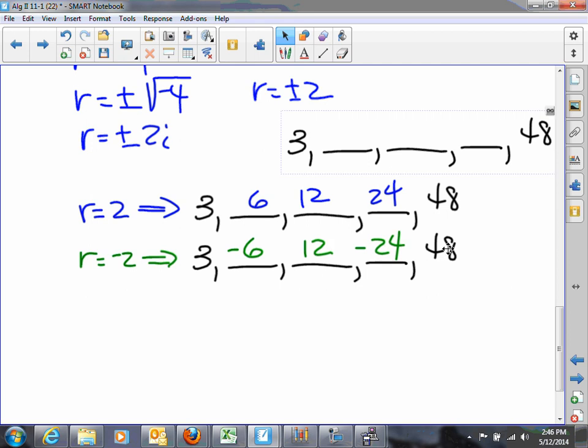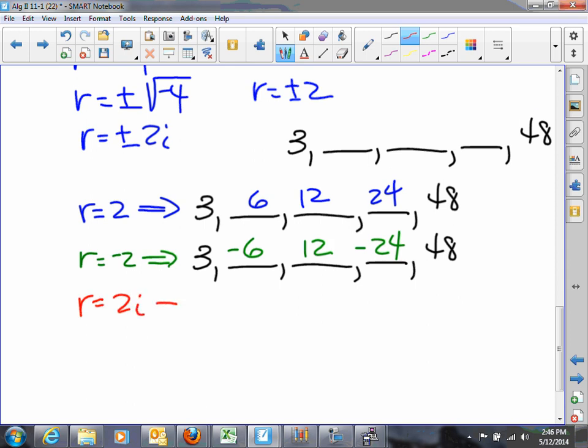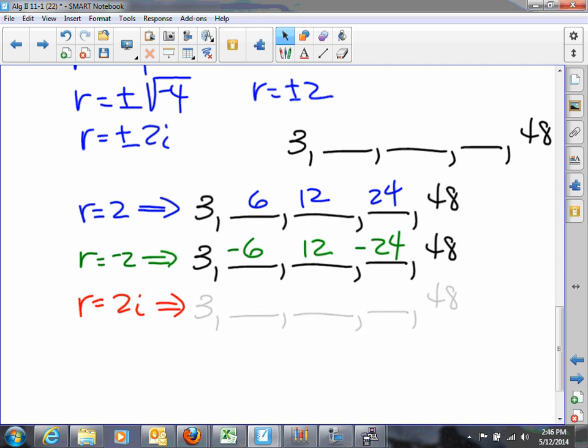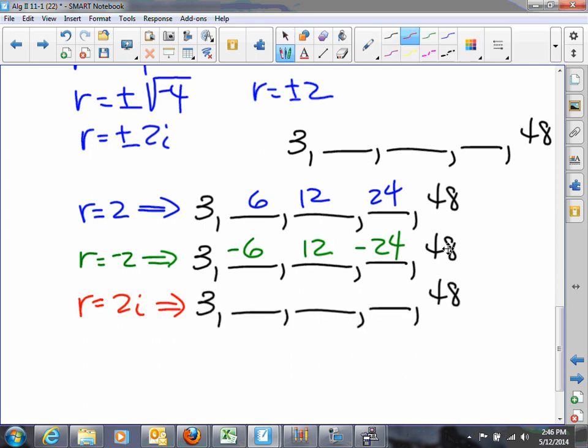But now, if r were 2i, that would mean we'd start with 3 again. Now 3 times 2i is 6i. 6i times 2i is 12i squared, but we know i squared is -1, so we get -12.